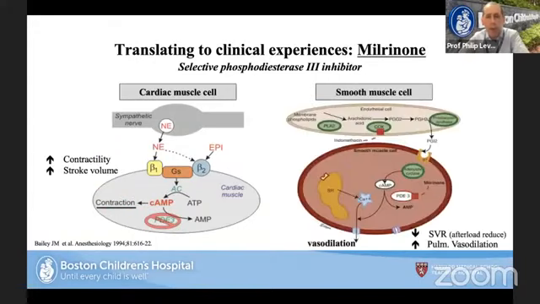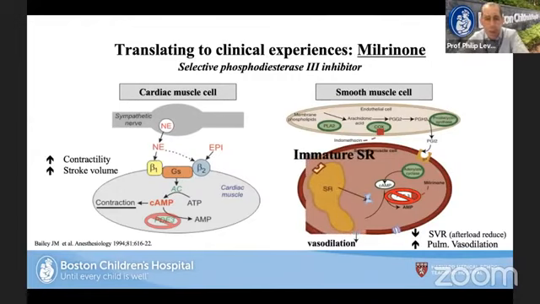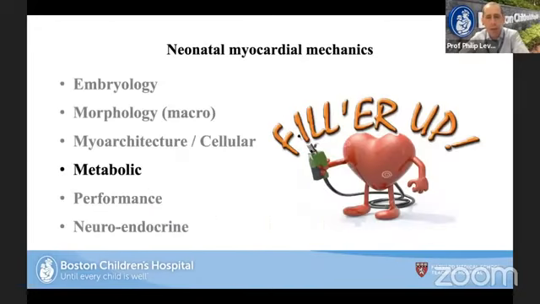And in the smooth muscle cell, we know that it will block the phosphodiesterase 3 receptors and lead to a decrease in SVR, an increase in pulmonary vasodilation. But in the preterm infant with an immature sarcoplasmic reticulum, it's a little unclear how milrinone will be impacted. Will it cause more harm or less harm based on the receptor physiology?